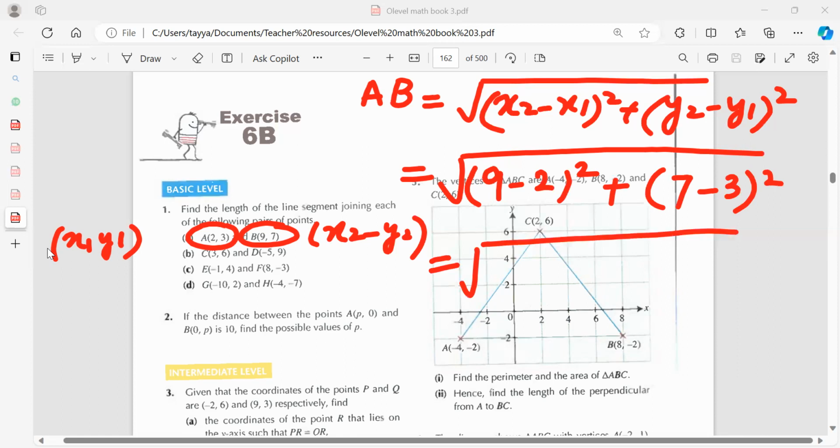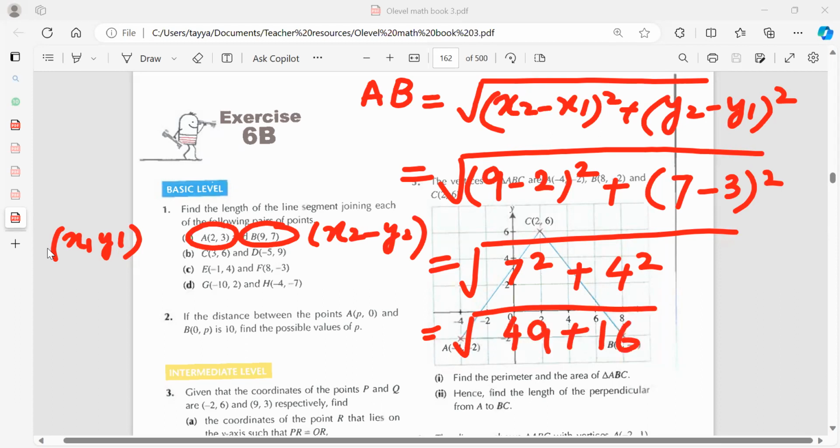Now it is 7 square and this one will be 4 square. This one will be 49 and this is 16. Now what is this? 65. So what is the square root of 65?